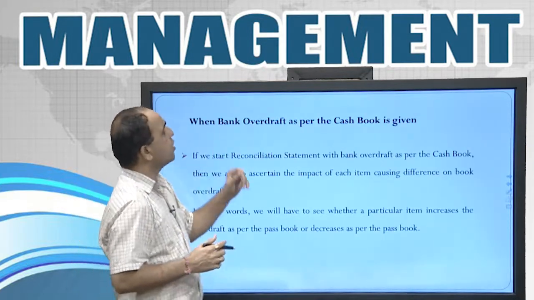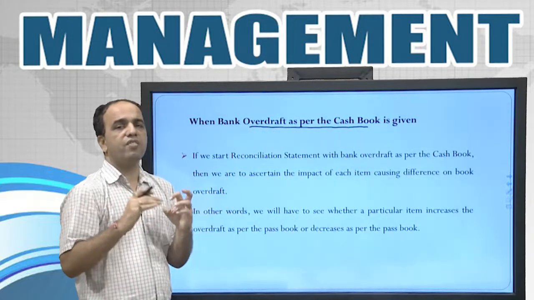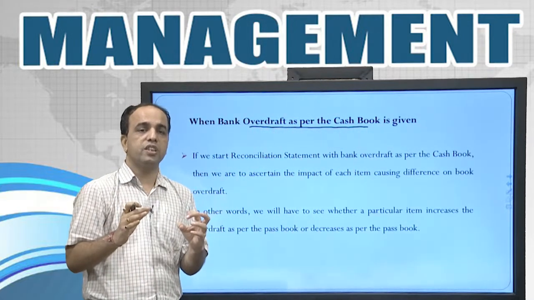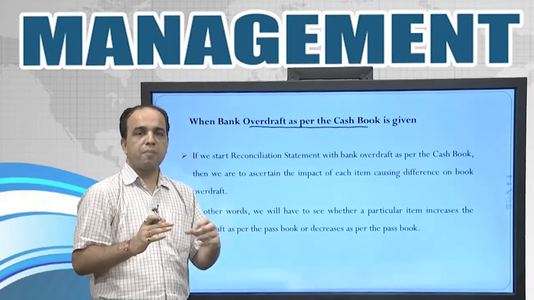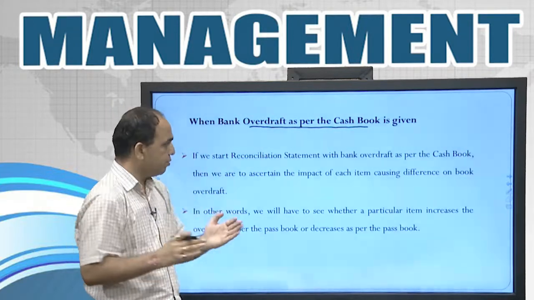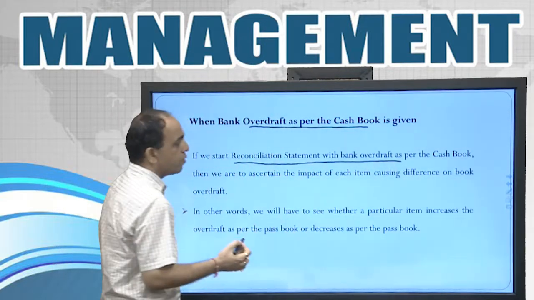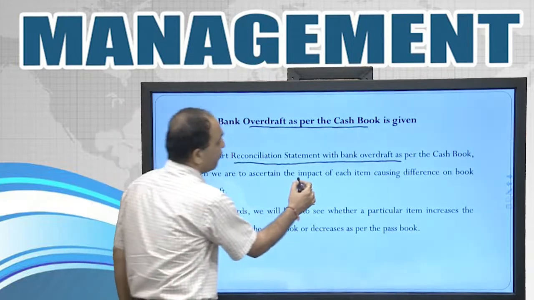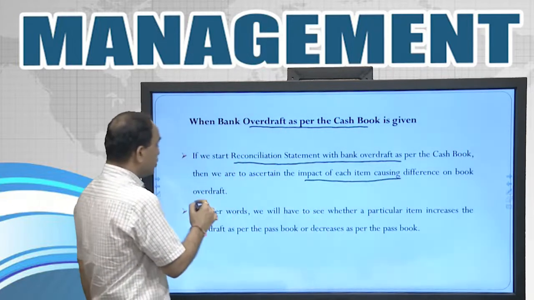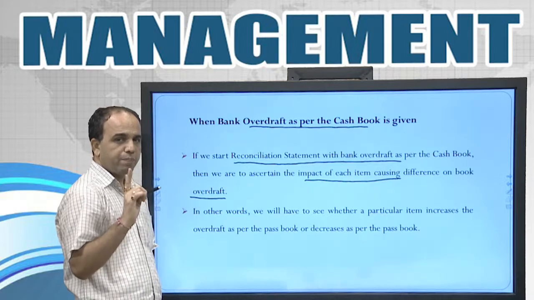Friends, when bank overdraft as per the cash book is given, in the last session we discussed the various situations when bank balance as per cash book is given. But when overdraft is given, if we start the reconciliation statement with bank overdraft as per the cash book, then we have to ascertain the impact of each item causing difference on overdraft, right? See, this is very important.